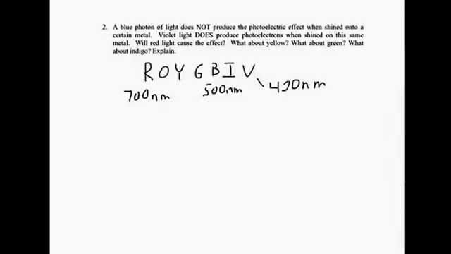And so we can say that yellow, which is beyond the 500 nanometers of blue, and red, and also green, are not going to produce the photoelectric effect. Indigo, we wouldn't necessarily be certain about because it's between violet at 400 nanometers and blue at 500 nanometers.